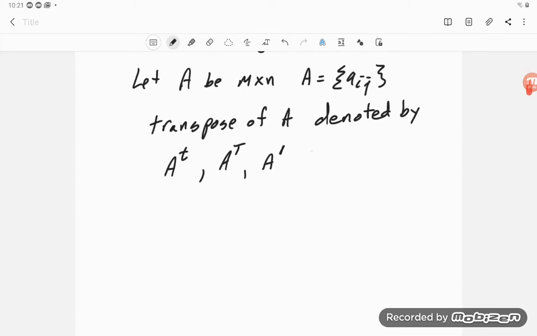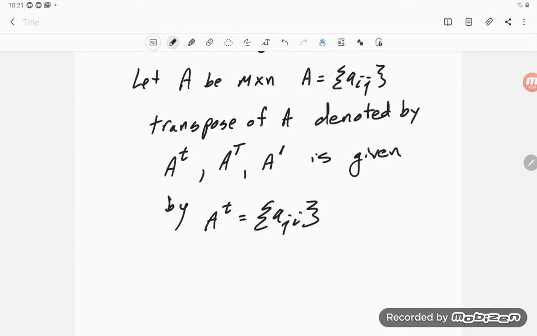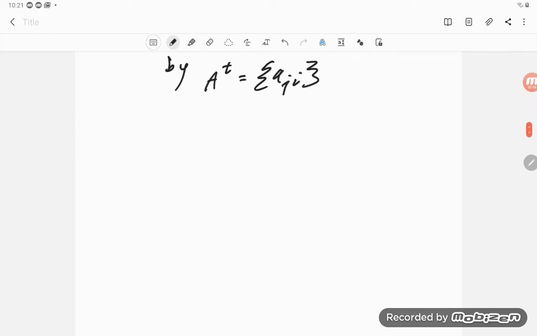So A transpose is given by, and all you do is switch the rows and columns of A. So, a couple of examples.